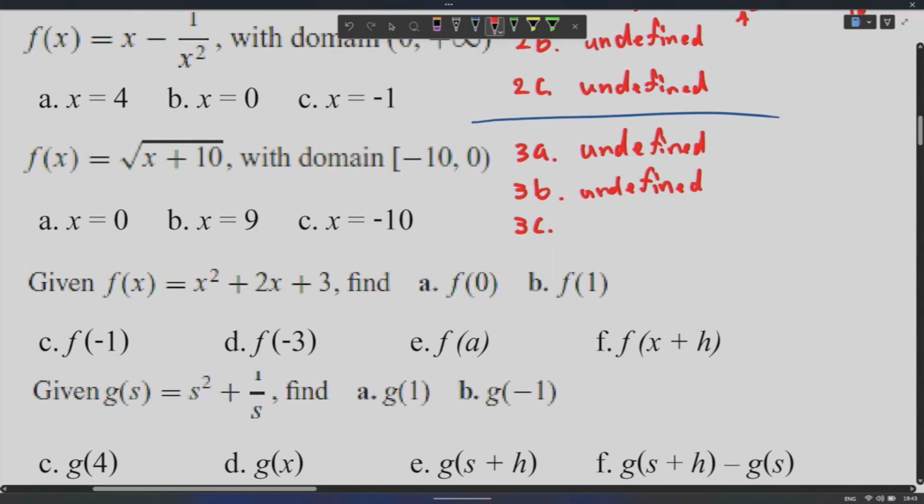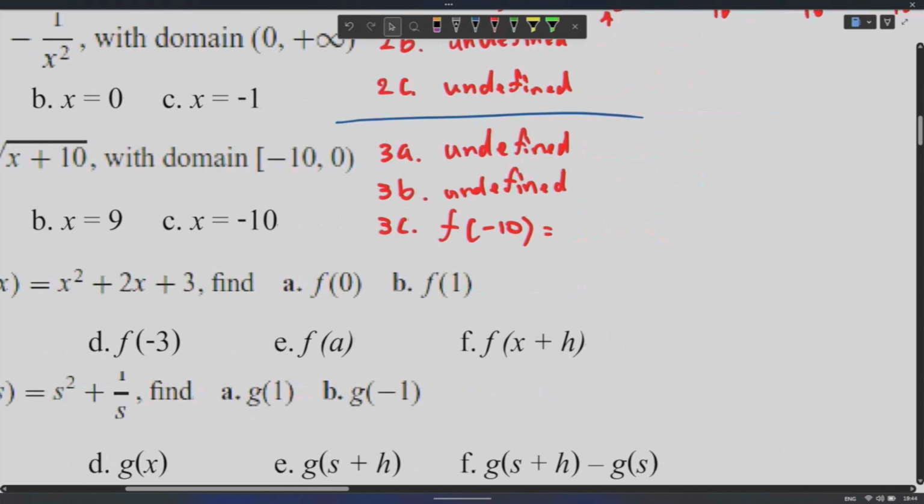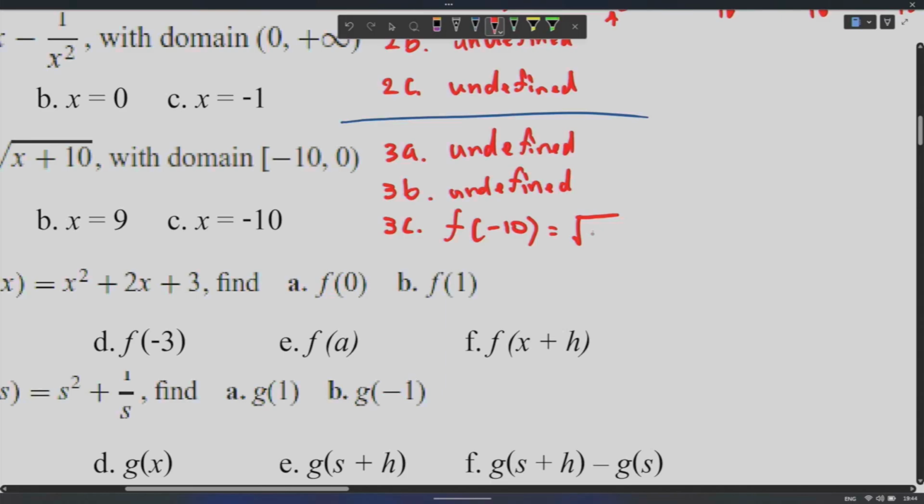Let's find it out. f of minus 10 is equal to the square root of minus 10 plus 10, which is the square root of 0, which is 0.